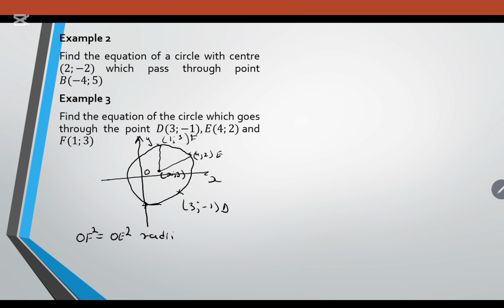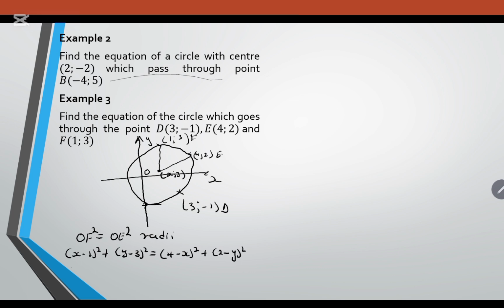So I'm going to substitute those squares just so that I don't write the distance with the square root. OF squared will therefore be (x minus 1) squared plus (y minus 3) squared. This is equal to the distance OE: (4 minus x) squared plus (2 minus y) squared.